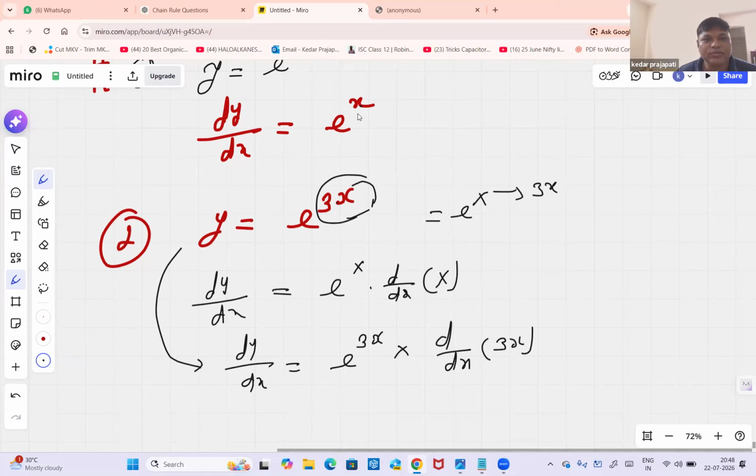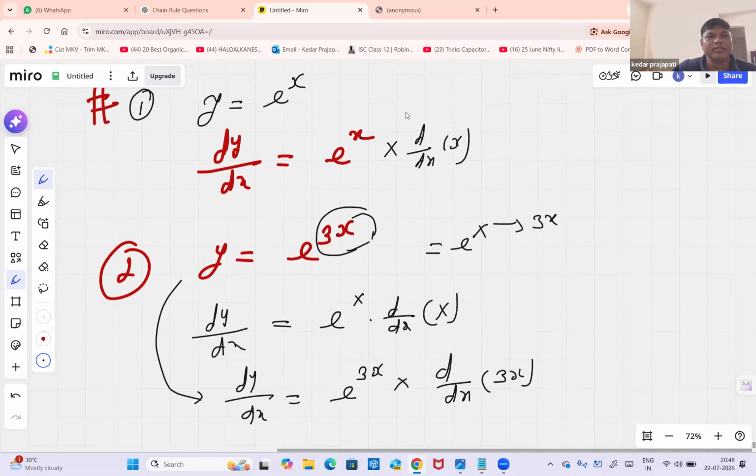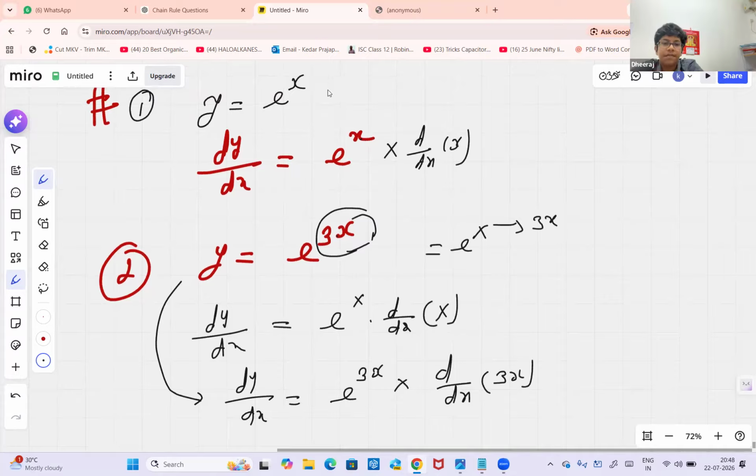Here also it is happening, d by dx of x. On the top, x is there, so that's the reason we are getting e to power x here. d by dx of x is nothing but 1, so the answer is e to power x.